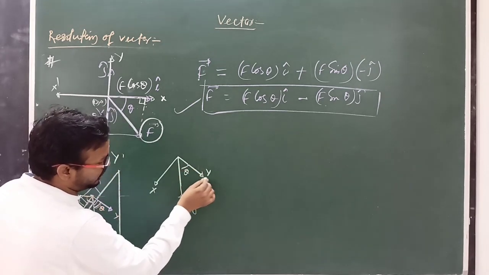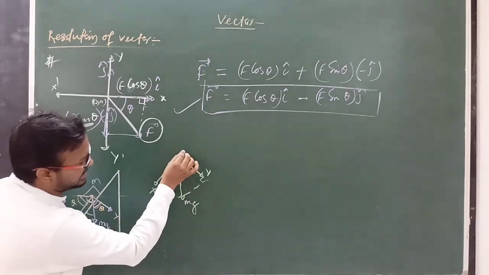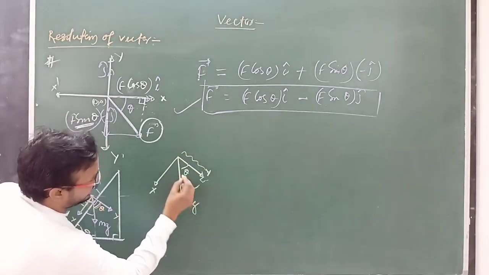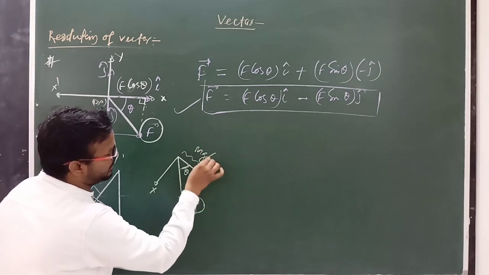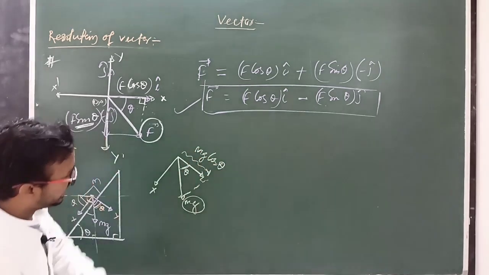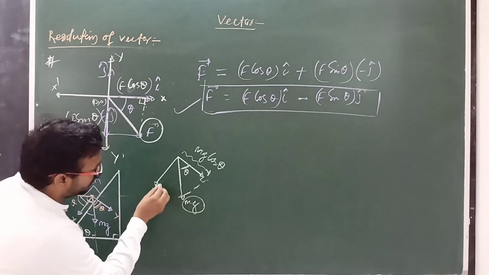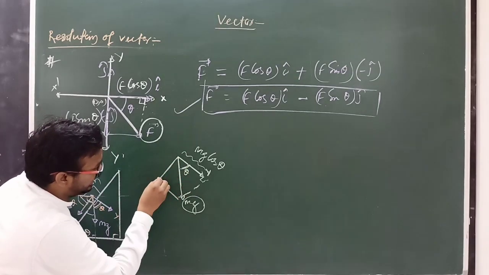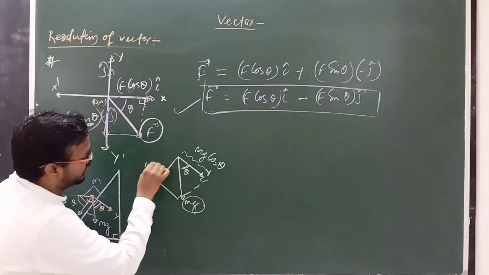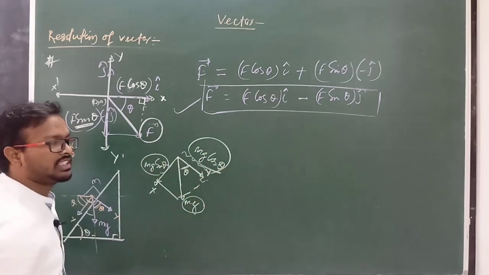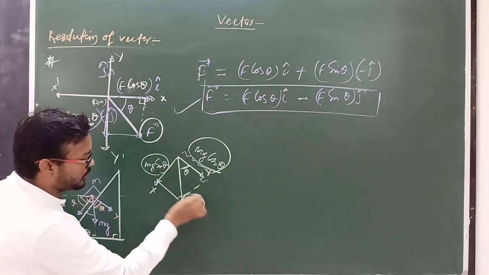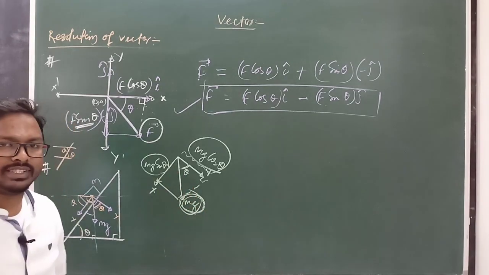Now draw rectangular components in this direction. So this side, next to the angle, is cos theta. So you can write here mg cos theta. The side adjacent to the angle is mg cos theta. The side not adjacent to the angle, how much is needed? That is mg sin theta. This mg sin theta and mg cos theta are known as the rectangular components of this mg.